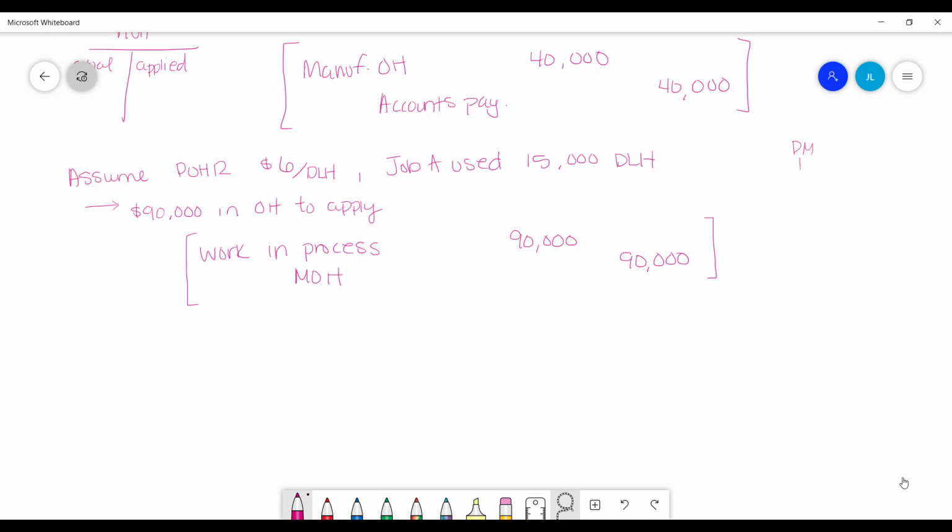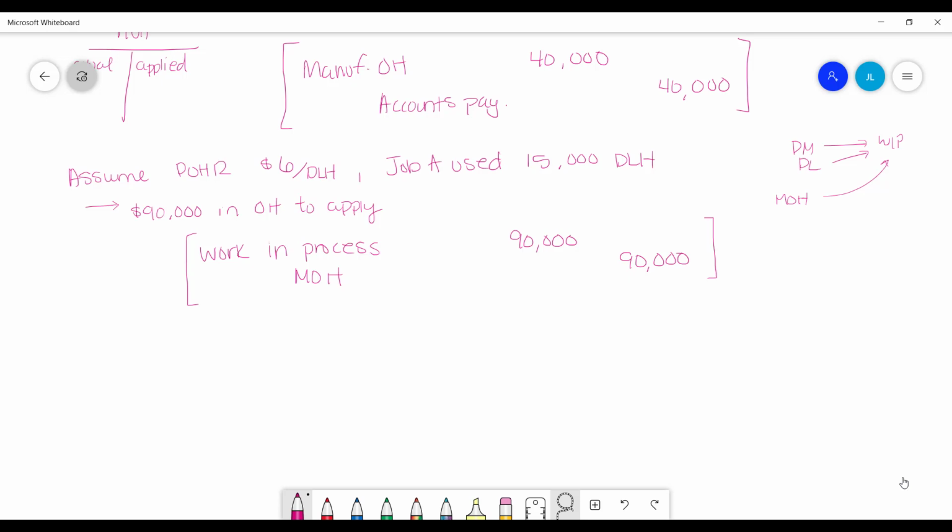Your direct materials and direct labor immediately go into work in process, but it's not until you actually apply overhead, which is its own account, that it gets moved through the application process to work in process for the time being.